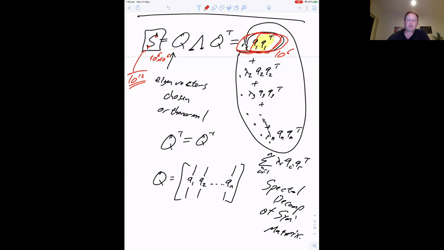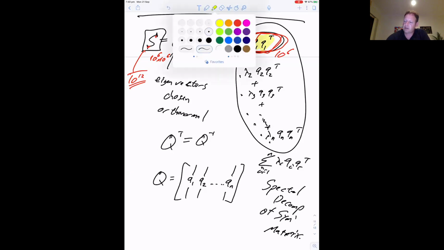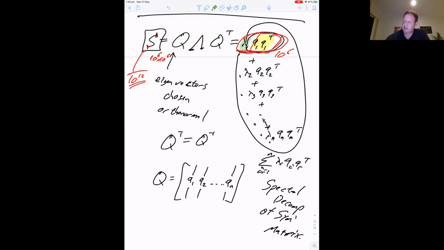Now, what you can do is order the eigenvalues such that this eigenvalue is the highest one, this is the second highest in magnitude, and this is the third highest in magnitude, up to the last one.